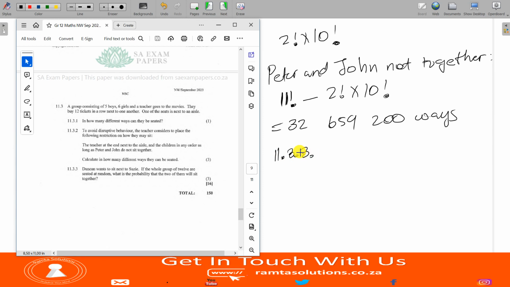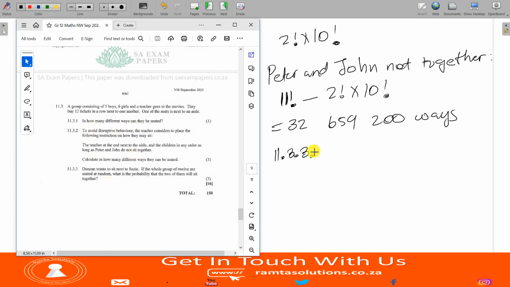11.3.3, Duncan wants to sit next to Susie. Duncan, stop. Duncan wants to sit next to Susie. If the whole of the 12 are seated at random, what is the probability that the two of them will sit together? Remember, what you have done at 11.3.2 is no longer applying.